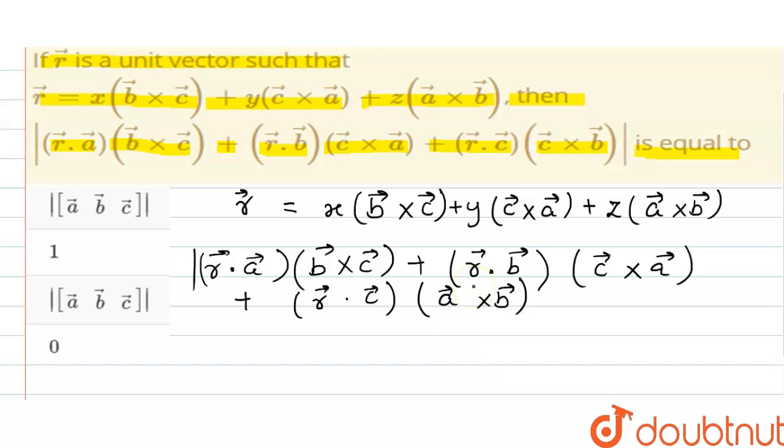So this is the condition and we have to find what this is equal to.